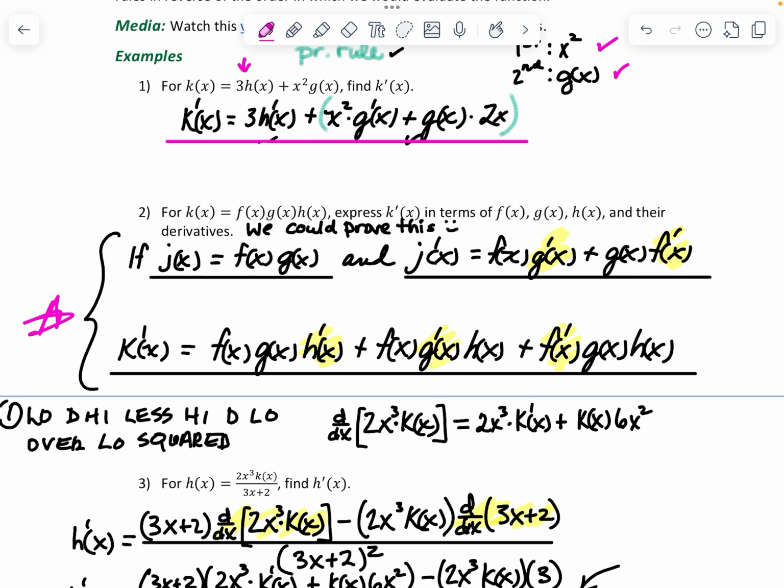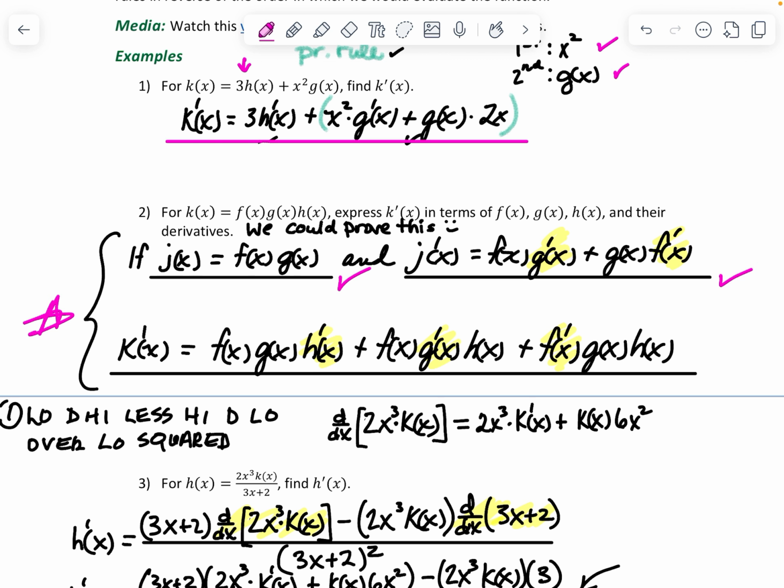Okay, and then the next one, I'm showing you this because if I wanted to prove k of x is equal to the product of 3 functions, and express k prime in terms of those 3 functions, I could prove it using the product rule twice, but I'm going to forego that. Given that j of x would be f times g, then j prime is f times g prime plus g times f prime. So the function and the derivatives alternate, per product.